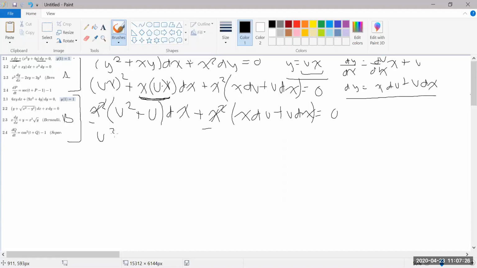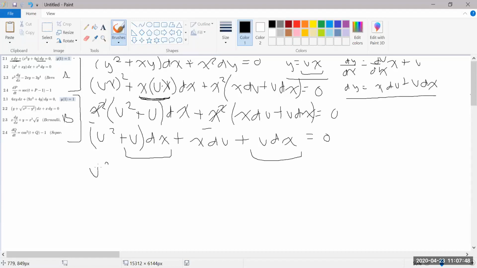So now we have (u squared plus u) dx plus (x du plus u dx) still equals 0. We have a u dx here and a u dx here.